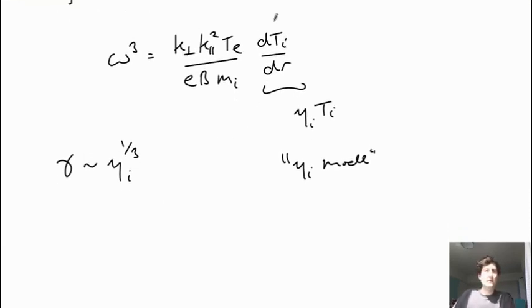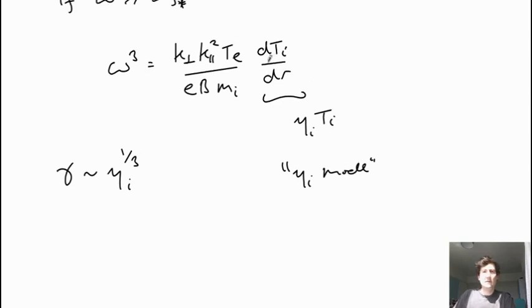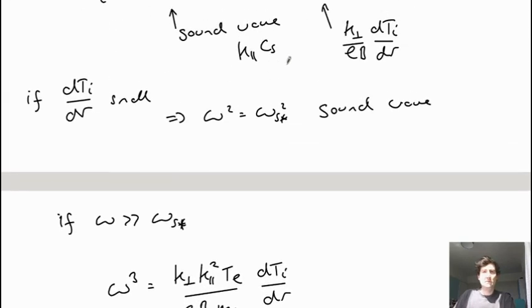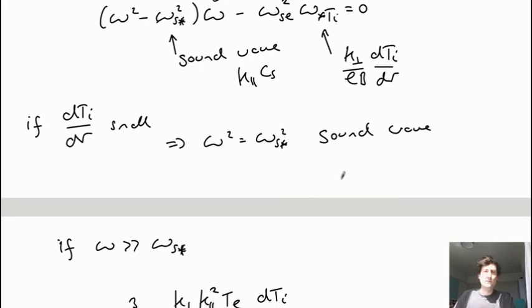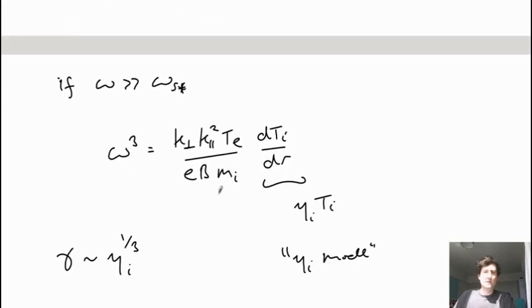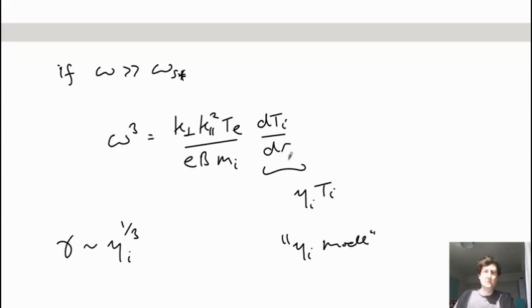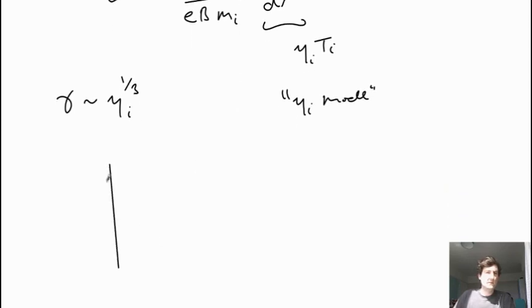And so what you find is that below a critical ion temperature gradient, where the ion temperature gradient term is small, you just get a sound wave. Above the ion temperature gradient critical threshold, you end up with a growth rate which depends on the cube root of the ion temperature gradient. So the growth rate is the imaginary component of the frequency. If this is like the modulus of eta I, below a critical value it's 0.